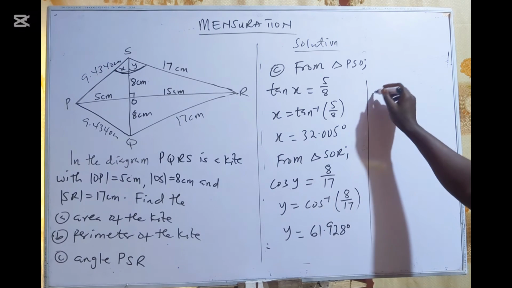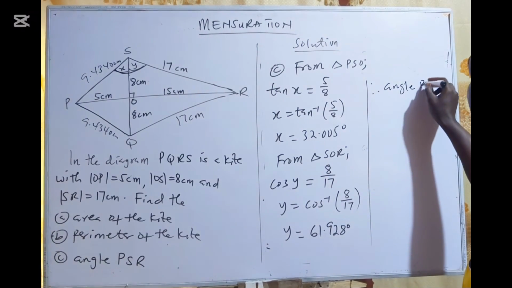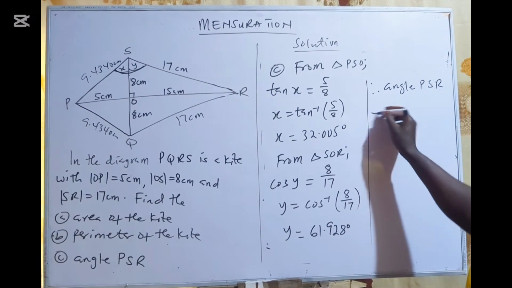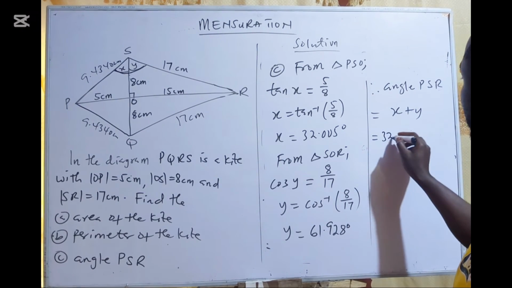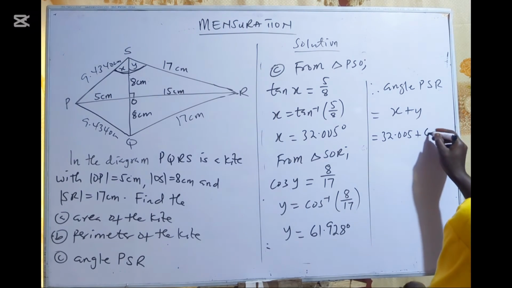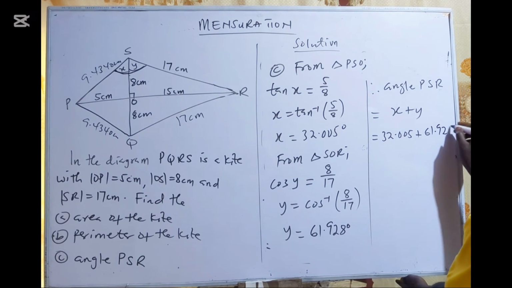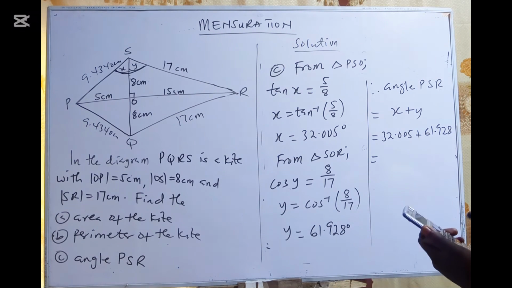Therefore, my angle PSR is the addition of X and Y, which is 32.005 plus 61.928.